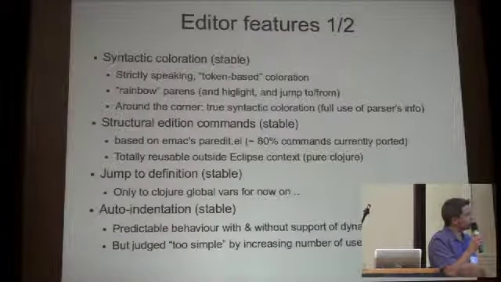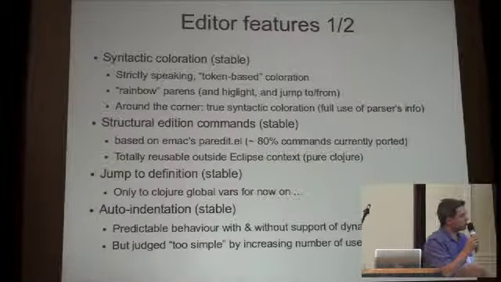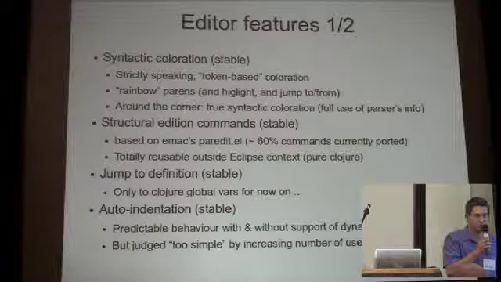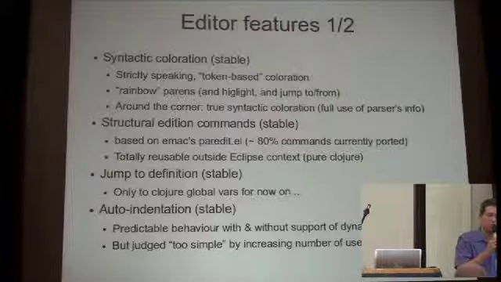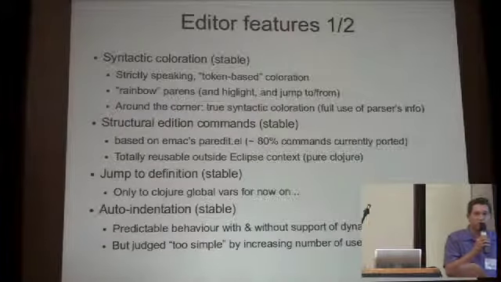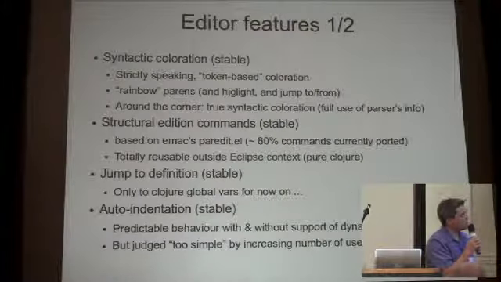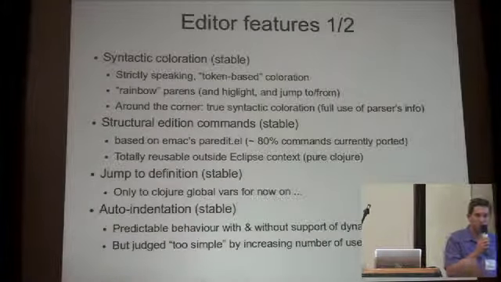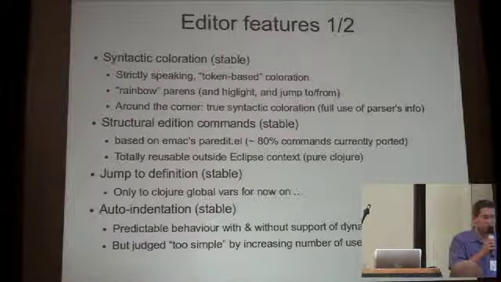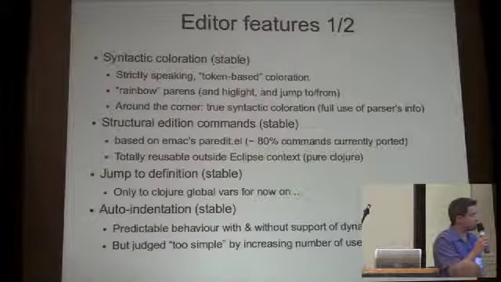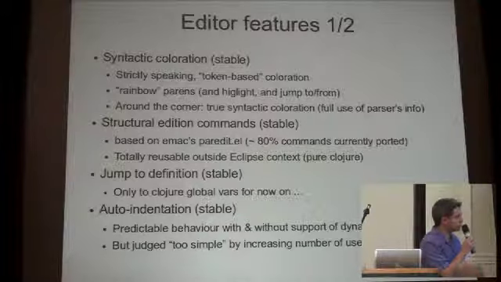And around the corner is true syntactic coloration with full use of parser information, because we are more and more using a library from Christophe Grand, which he talked about this morning, named Parsley. When the library becomes truly incremental, it will be possible to be very fast, even in an editor.